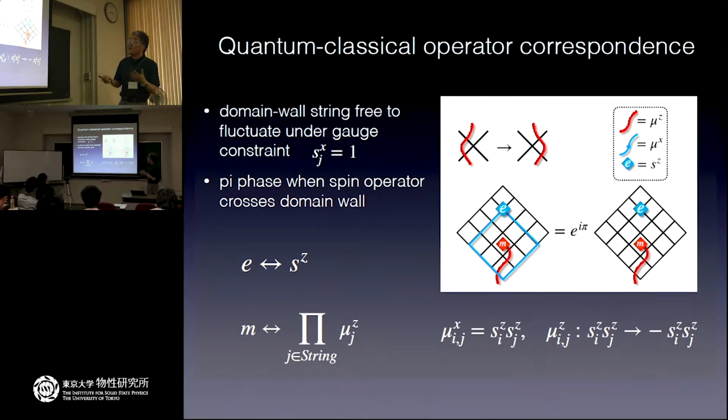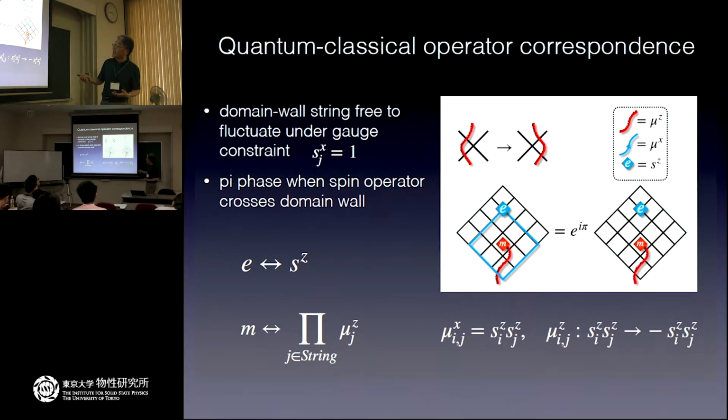You see, previously we know those anyonic excitations in the toric code phase, this electric charge and magnetic flux, can be written in terms of this Ising spin operator of the Ashkin-Teller model, this S^z and T^z, something like that.